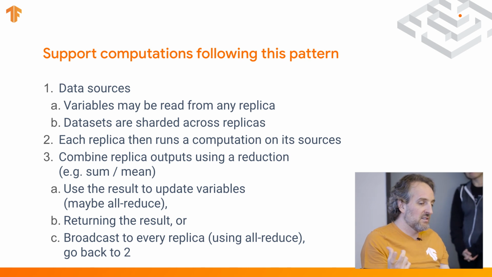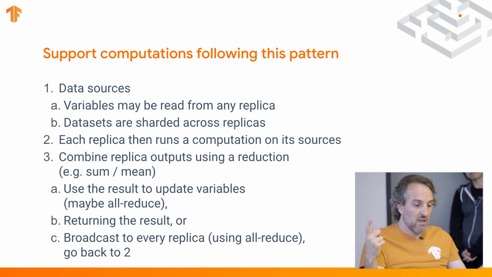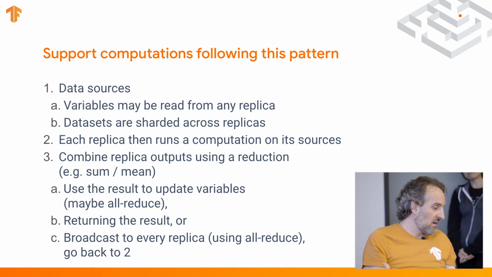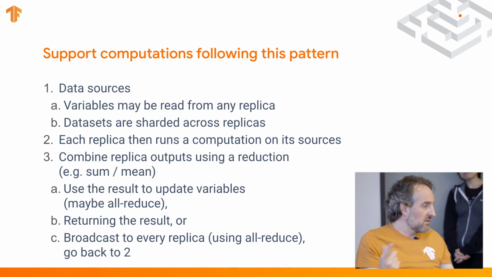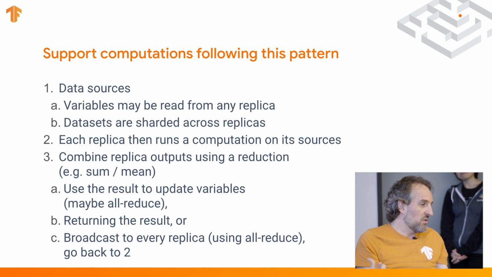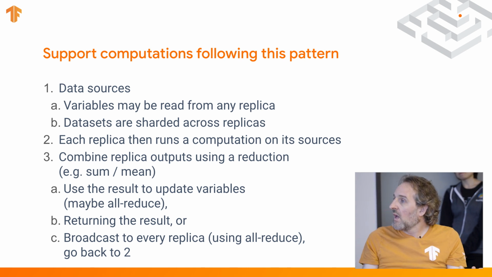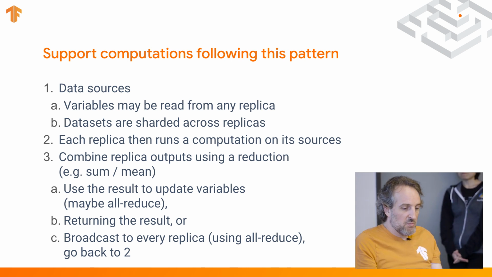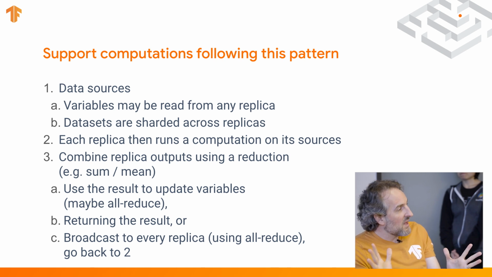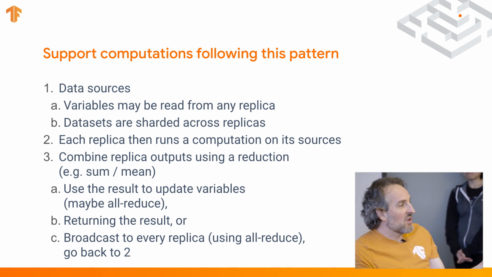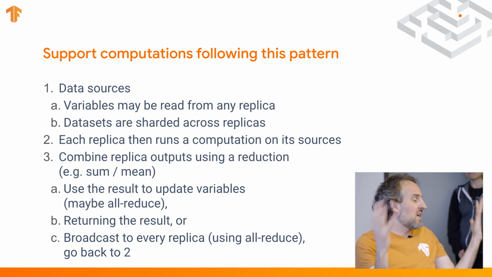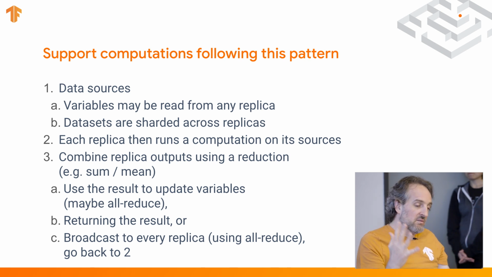In the mirrored strategy case, the variables are in the same place as the computation, so that's just an all-reduce, and then we use it to update the variables. Another really common thing is people want the average loss or something like that, so we just take the reduced value, return it to the user, and print it out.